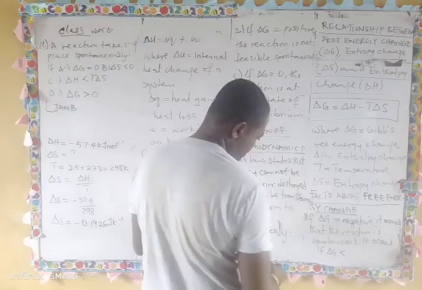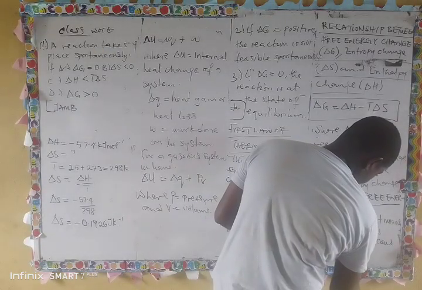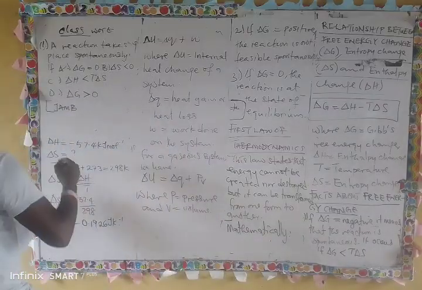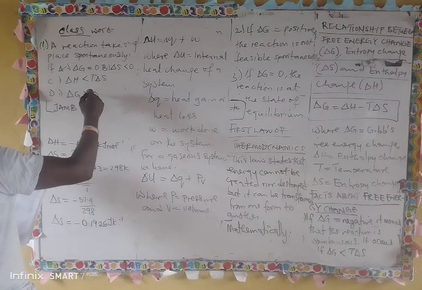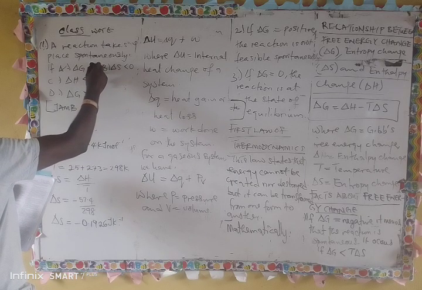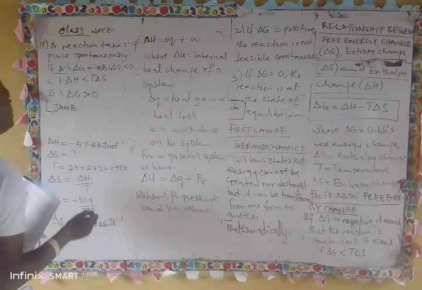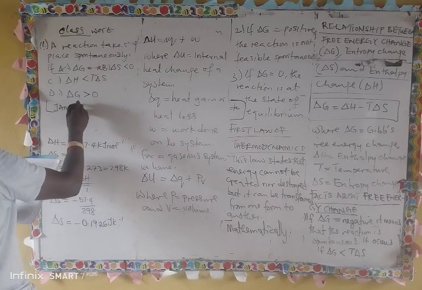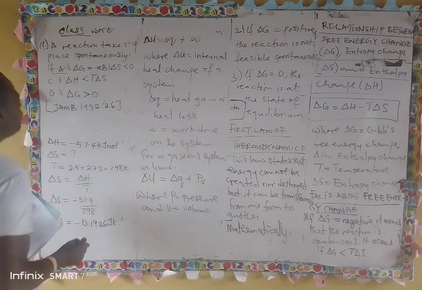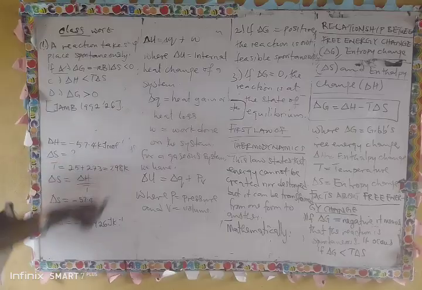But this one, they repeated this one, this is now supposed to be negative. So the answer would be what? Negative. This is JAM 1992, question 26. So please master those statements that are there.